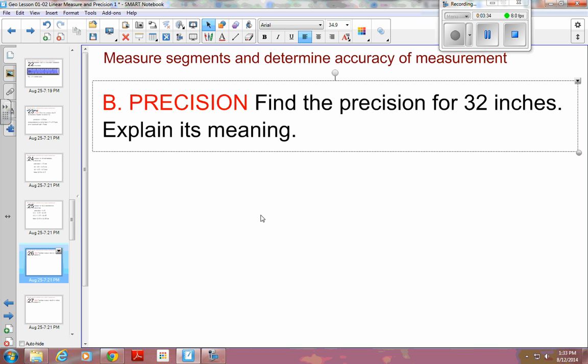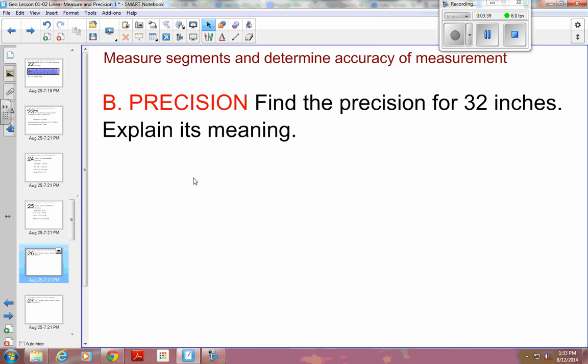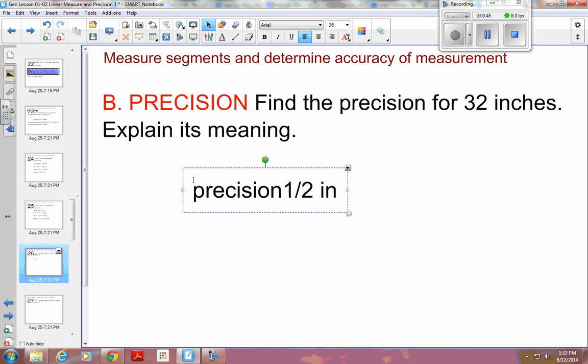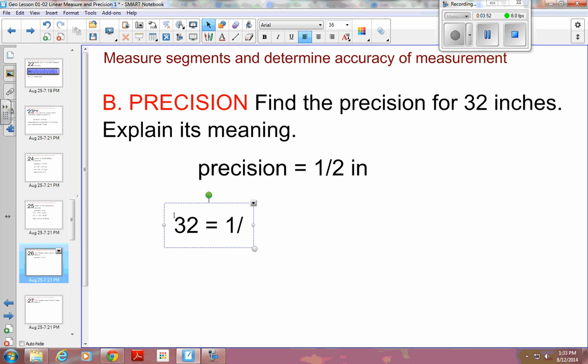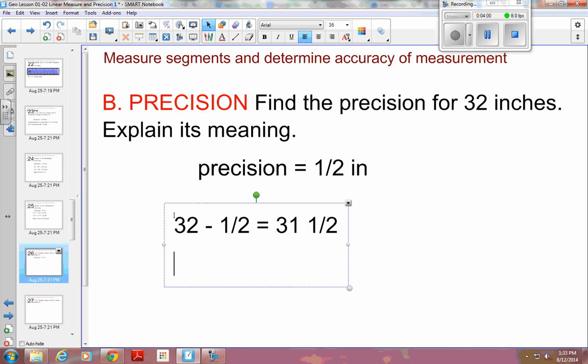Okay, let's go to inches. This gets a little harder. First one's pretty easy. I'm in whole numbers, so I've still got a half an inch for my precision, which means I could be at 32 minus 1/2, which would be 31.5, or I could be at 32 plus 1/2, which would be 32.5.